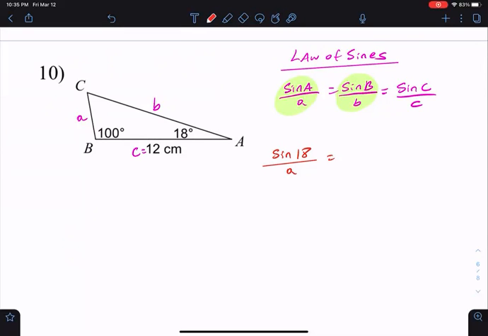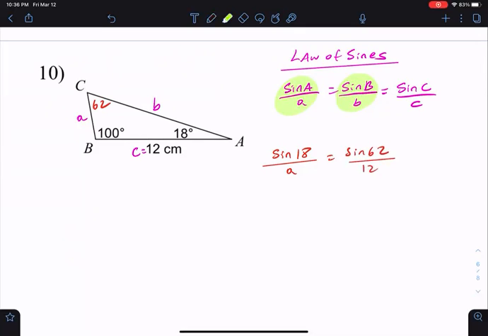Remember, the sum of the angles inside any triangle is 180, right? So if you have 118, you subtract that from 180 and you get 62, right? Because 62 plus 18 is 80, and plus 100 is 180, right? So this is sin 62 over 12.